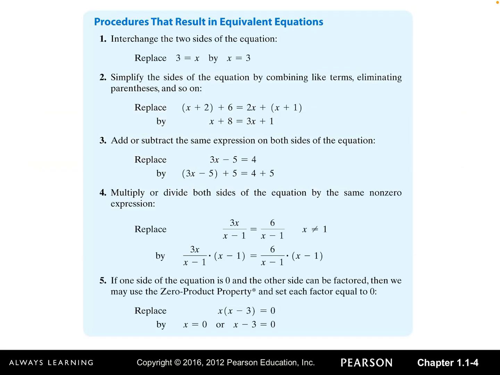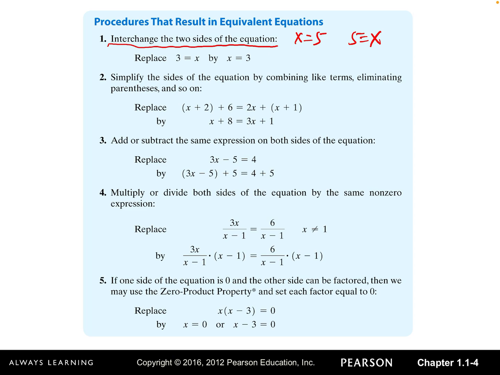And there are 5 procedures resulting in equivalence. You can read through it, so I'm just going to describe it very briefly. The first procedure is called interchange sides. When you interchange the two sides of an equation, the equation remains equivalent, like x equals 5 or 5 equals x, they're the same.